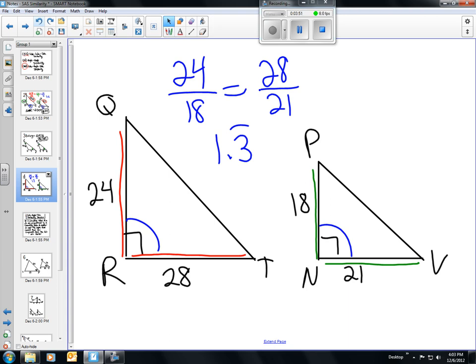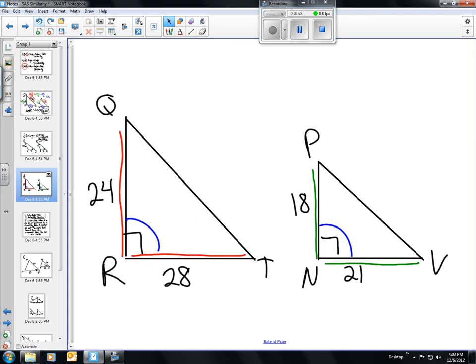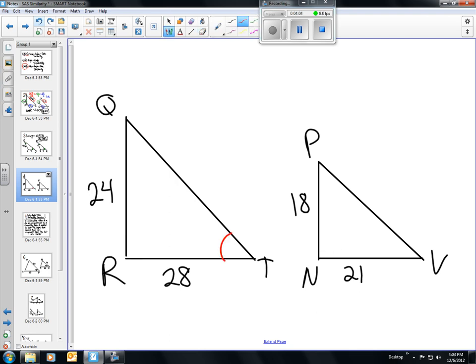Now an interesting point here to make is that using this SAS theorem, you would not be able to say anything if, let's say, we didn't know that these two angles here were 90. Let's say we knew that this angle was congruent to this angle in these two triangles. Well, the SAS theorem has to connect the two sides that are in question. So notice the angle that they're connecting at is here and here.